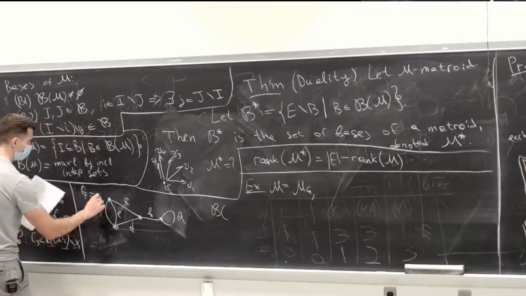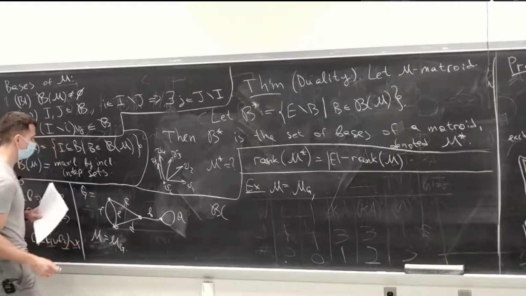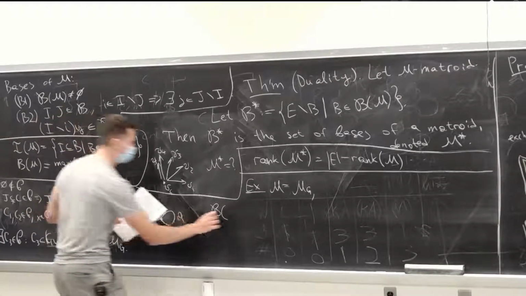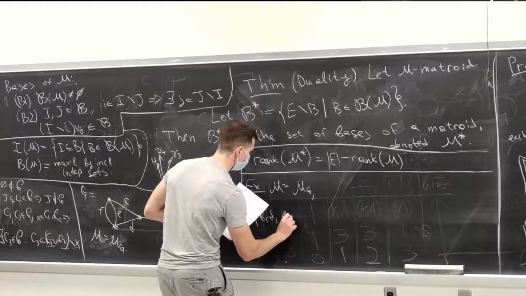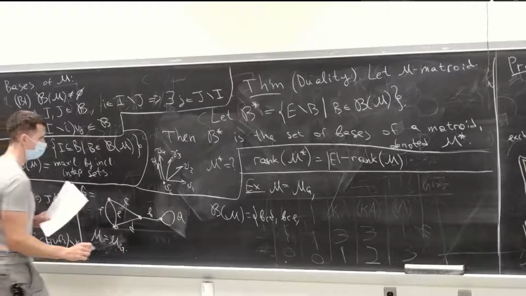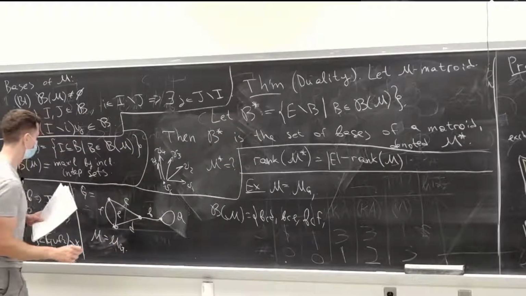Let's say my matroid is the graphical matroid. Can you tell me the set of bases? B, C, D. B, C, F. B, D, E. B, D, F.